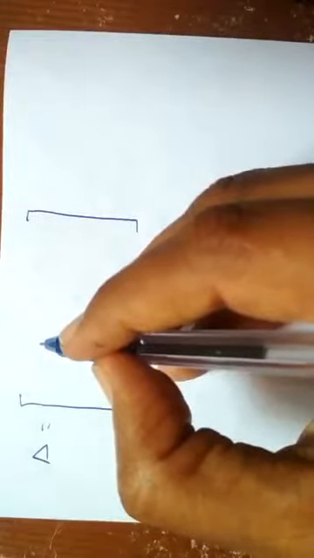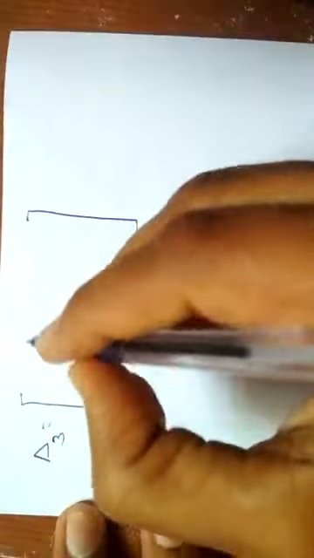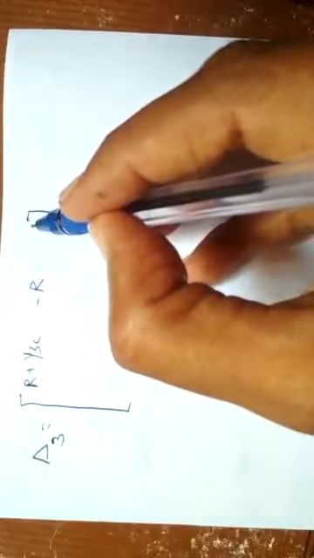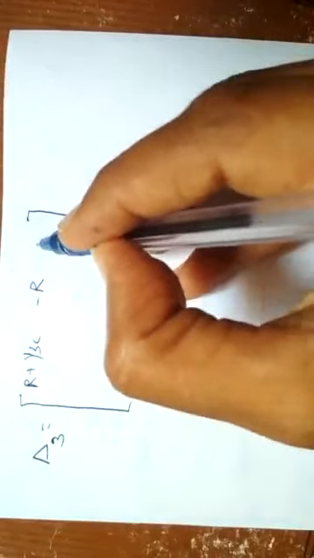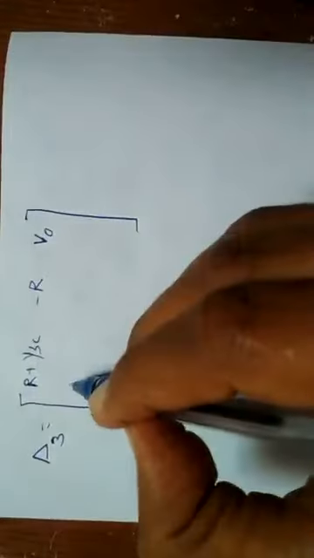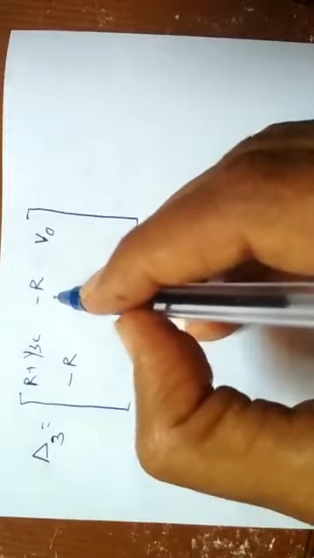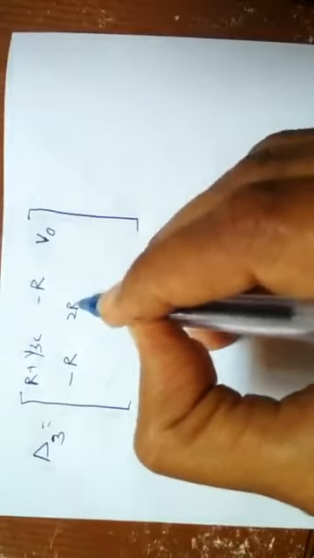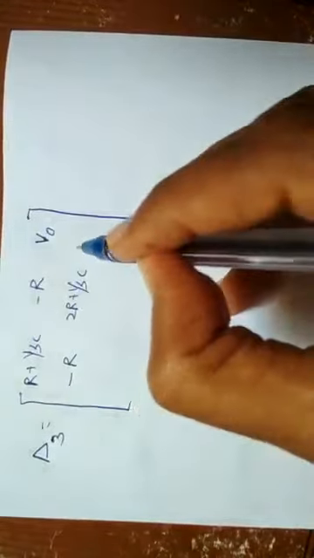That is, you can consider the same matrix del. You have put del 3. So we have R plus 1 by SC, minus R. Here in the previous matrix you will be having 0, but now I am going to put V out, and minus R, it is same as the previous matrix, and 2R plus 1 by SC, same value.